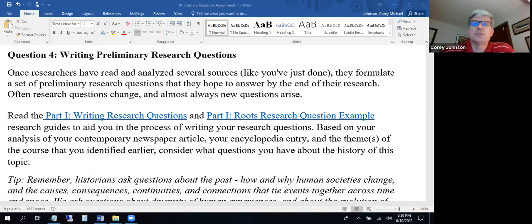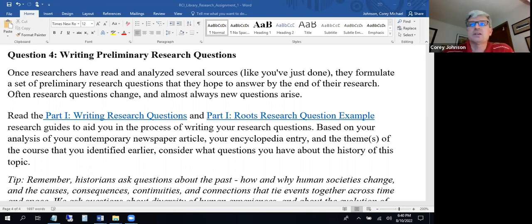In this segment, we will focus on question 4, where you are tasked with creating 2 preliminary research questions. At this point in completing the LRA, you have a contemporary newspaper article, hopefully you've read and analyzed. You also likely have gone to Wikipedia and read some entries about your topic.